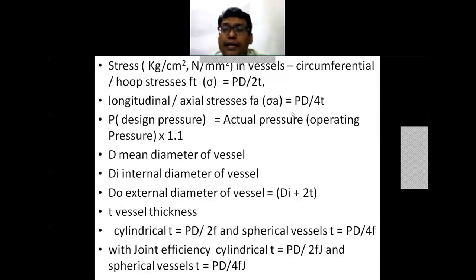So the formula incorporates this P as the design pressure, and design pressure will be equal to the actual pressure multiplied by 1.1. This is what we have already discussed in the previous class, where D is the mean diameter of the vessel. Now when we talk about D as the mean diameter of the vessel, that is nothing but the internal diameter plus thickness. Di is the internal diameter of the vessel, and Do, the external diameter, is nothing but Di plus 2 times the thickness.